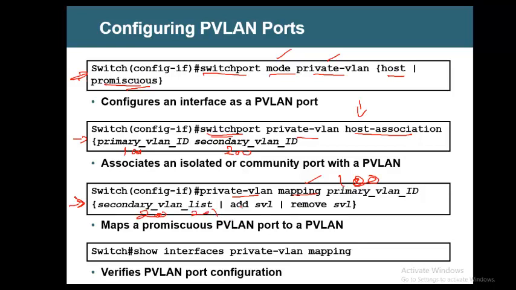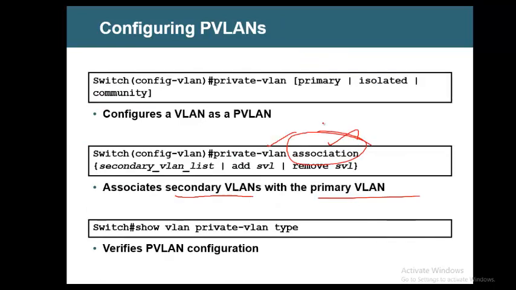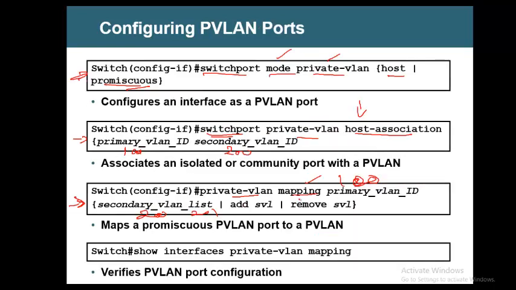Both are needed. Globally you need to associate, and on the interface you need to say this interface is a promiscuous port which will communicate to both 200 and 201. Is there a logic here? Yes, there's a logic.